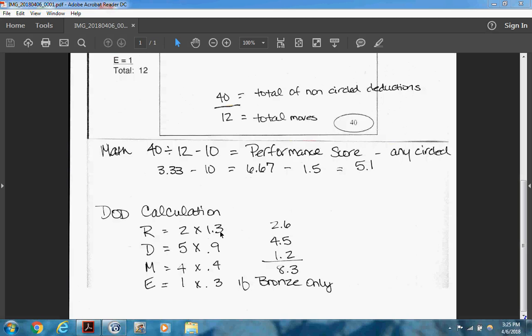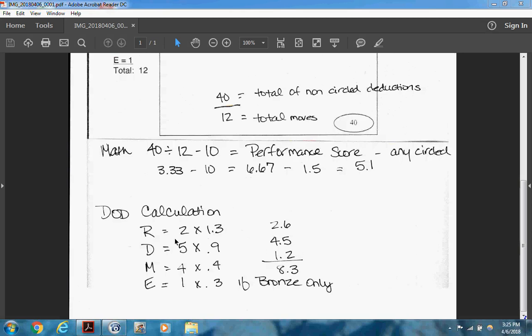So in this particular case, what we're going to use for our math is the top 10 moves. Okay, so this competitor did 2 R's times 1.3 is the value of an R, 2.6. They did 5 D's times 0.9, 4.5 is what they'll get credit for there.